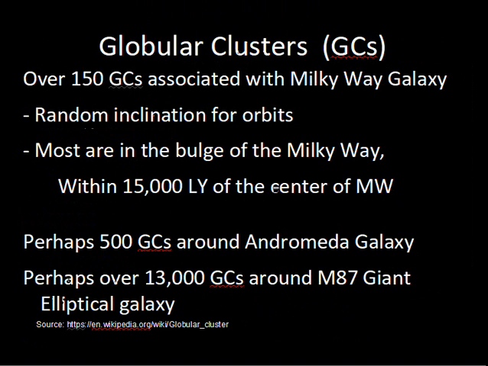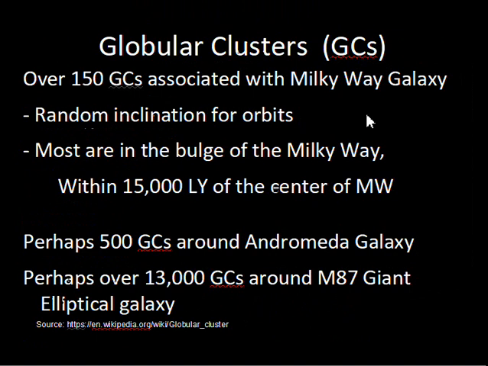The orbits of many of the globular clusters have been identified, and they have a random inclination. They are not moving in sequence or in concert around the center of the Milky Way. Their orbits are tilted randomly to the plane of the Milky Way galaxy.